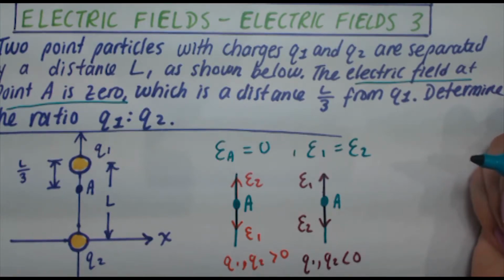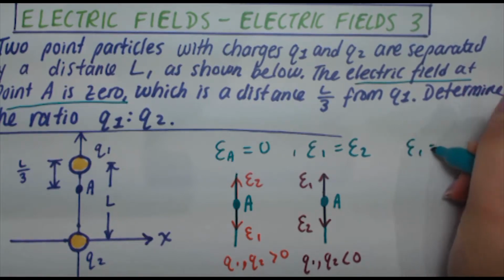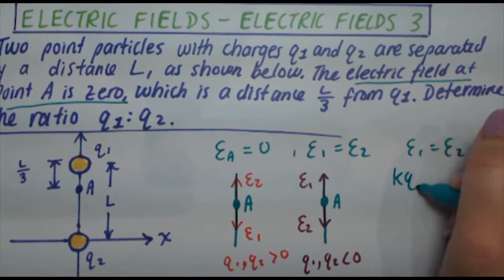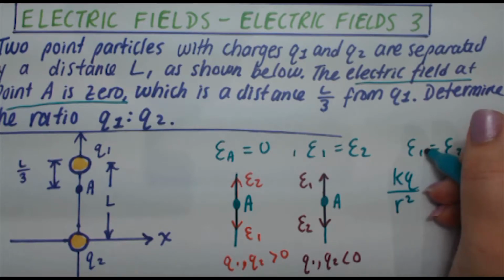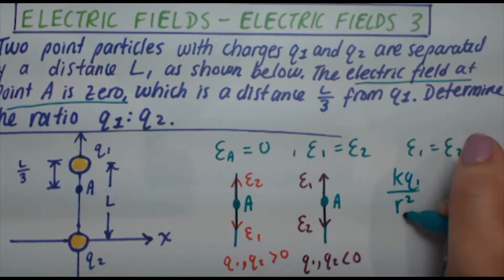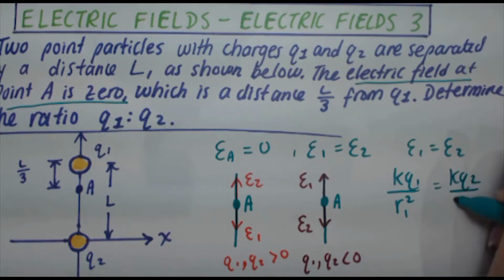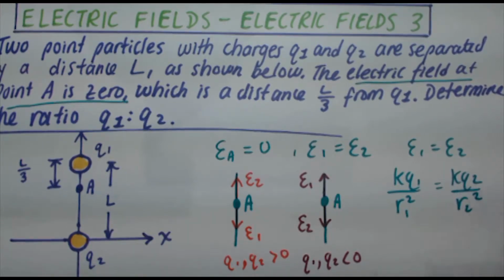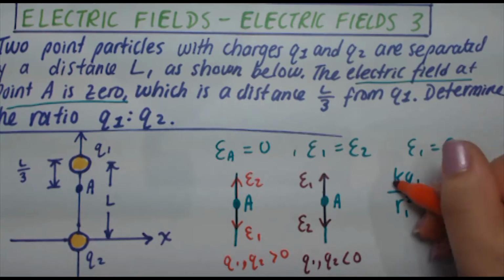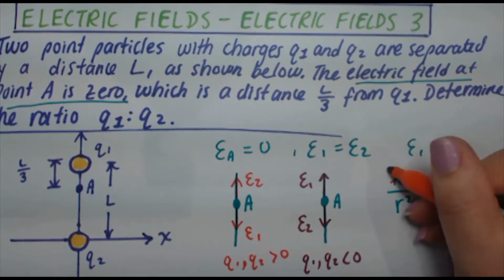Now, the expression for the electric field is KQ over R squared. Because this is E1, it's going to be KQ1 over R1 squared. E2 will be KQ2 over R2 squared. So we've already got a nice simplification there. We can cancel out the K's.